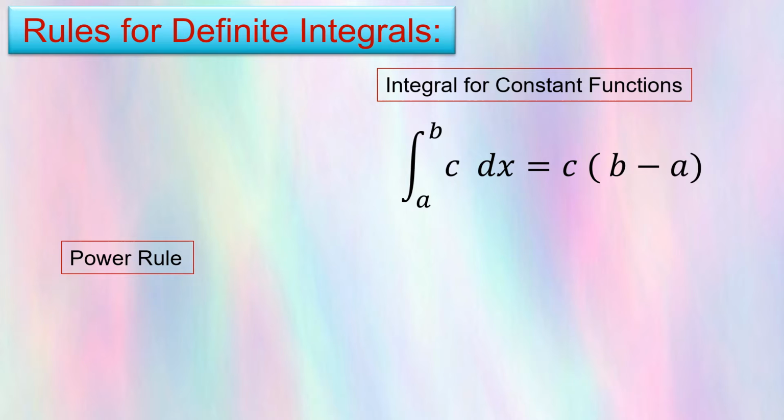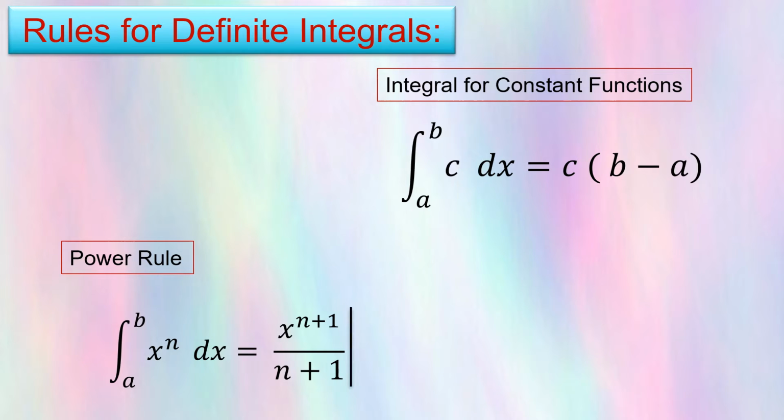The power rule is somewhat similar to the indefinite integral. It's just that we need to substitute the lower limit and the upper limit. So the integral of x to the n dx from a to b is equal to x to the n plus 1 over n plus 1, from a to b.